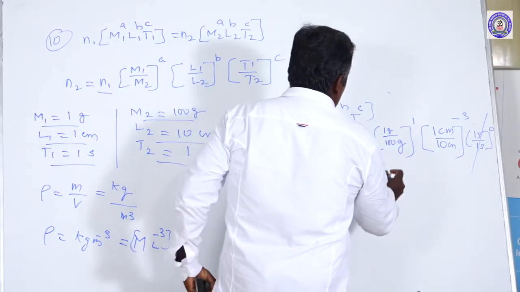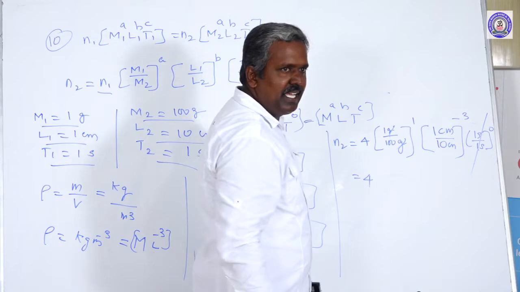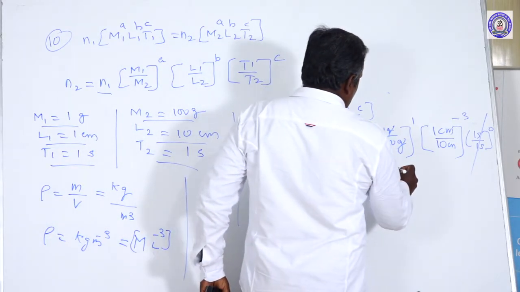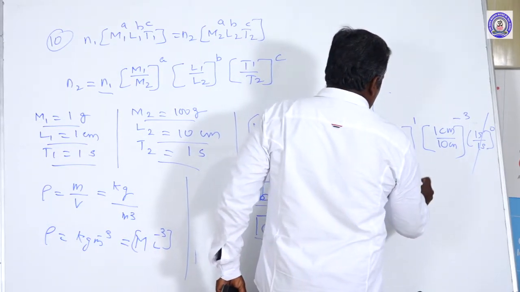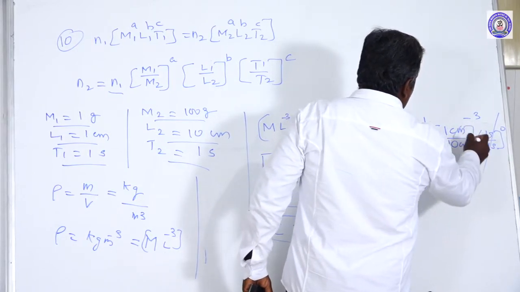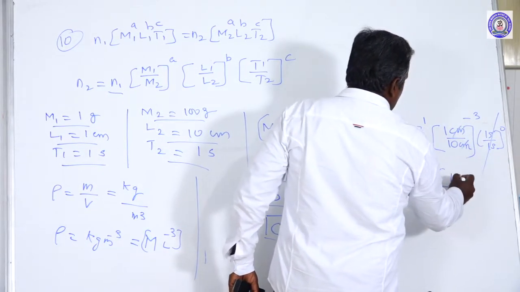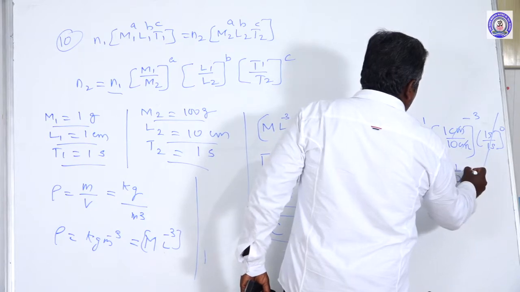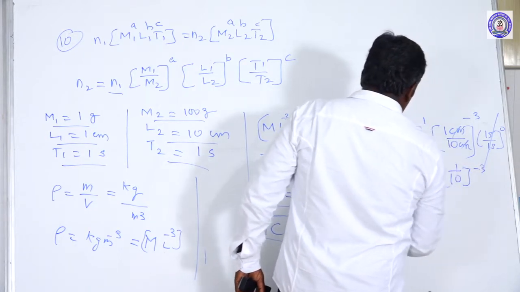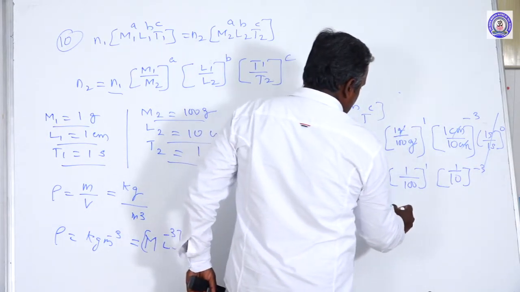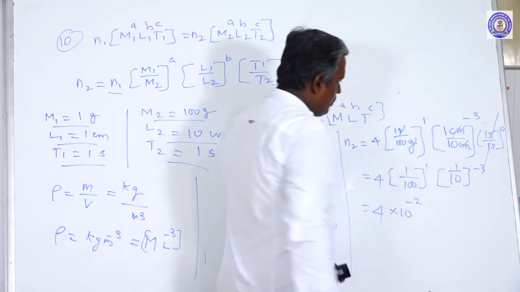So 4 gram cancel, 1 by 100 power 1, centimeter cancel, 10 power 1 by 10 power minus 3. So 4 into 10 power minus 2, correct?